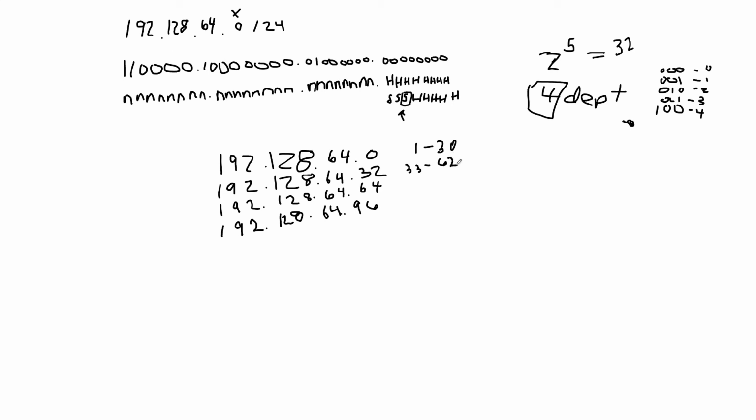So these are all of the IP addresses that are going to be usable for computers. 65 to 94. My hands get tired. And then 97 to 126.